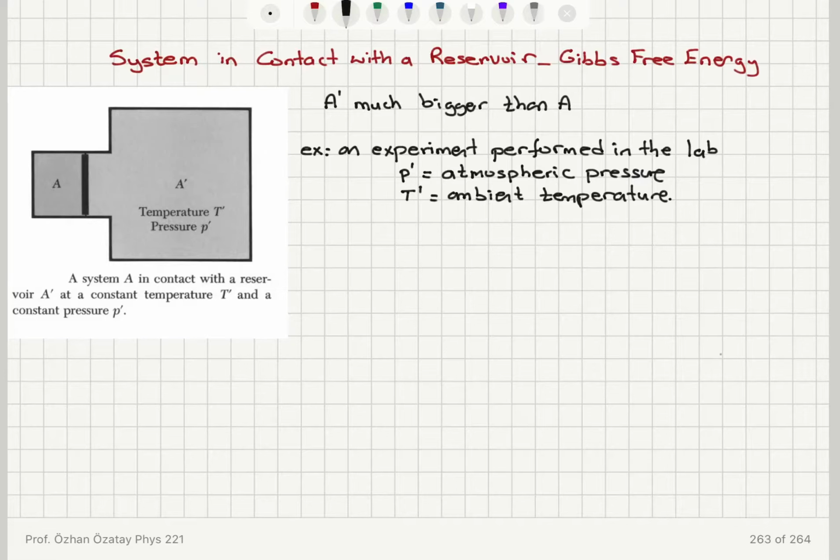And we would have the number of accessible states to system A as a function of some macroscopic parameter y, and the total number of accessible states to the total system A plus A prime, A star, would be the product of the number of accessible states to A and A prime, and the total entropy would be S plus S prime, entropy of system A and entropy of system A prime.